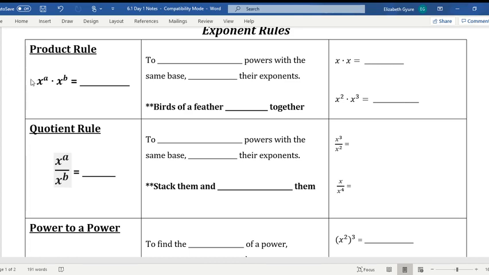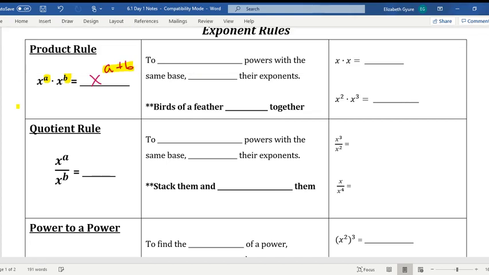So if I have x to the a times x to the b, first of all, x's go with x's, so I'm allowed to combine those. And our rule is it's going to become x to the a plus b. So I have to take my exponents and add them together.